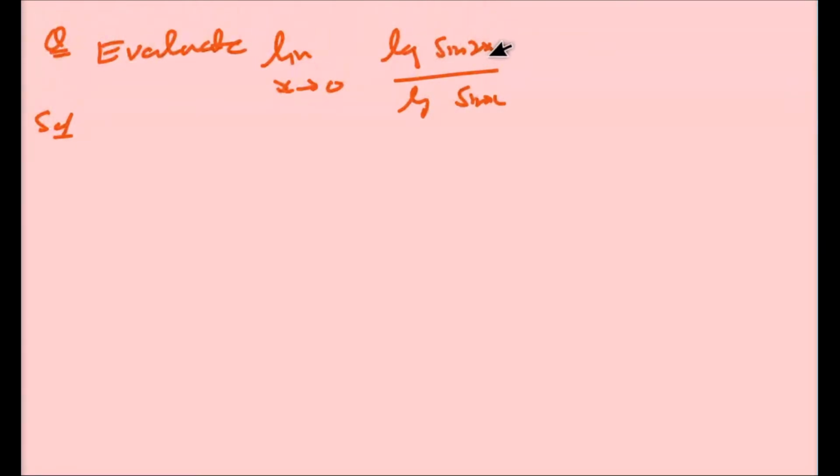Evaluate limit x tends towards 0 of log sine 2x upon log sine x. Okay, so when we put 0 in sine 2x and sine x, it is sine 0, log 0, and it is log 0.